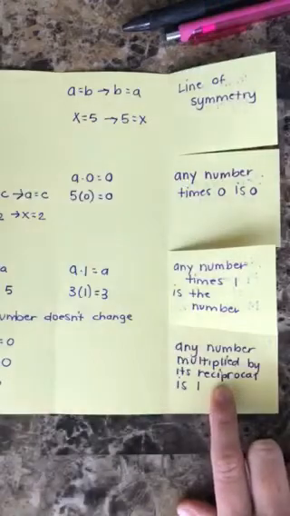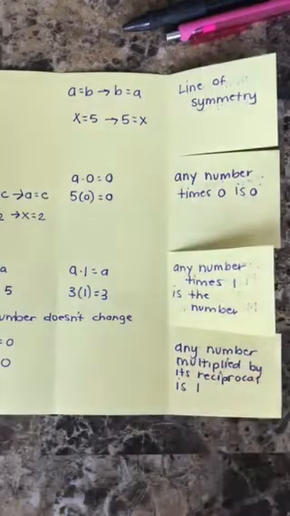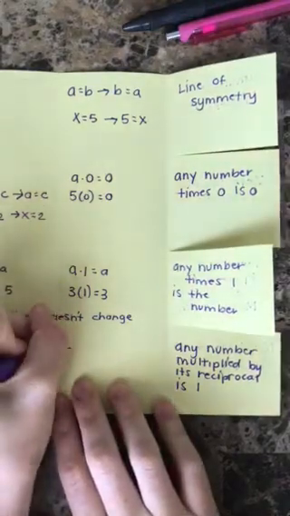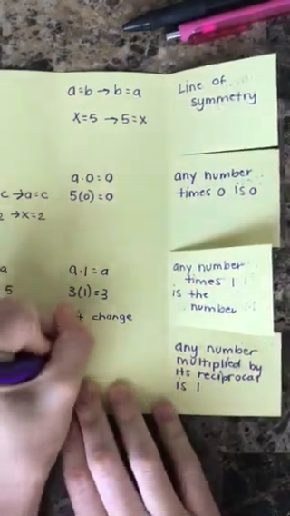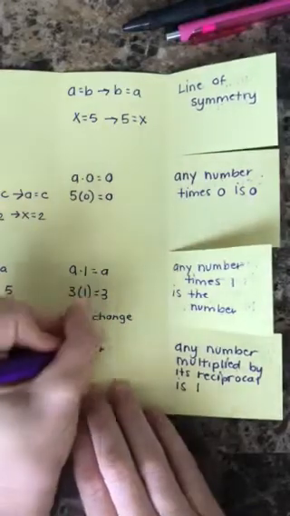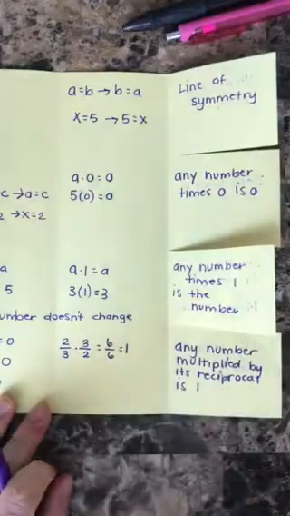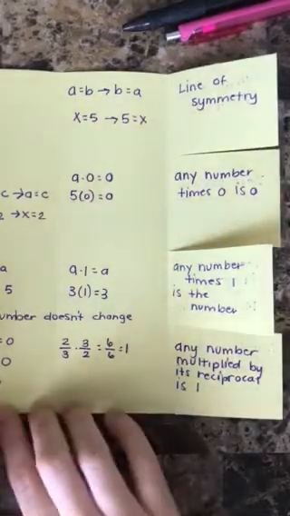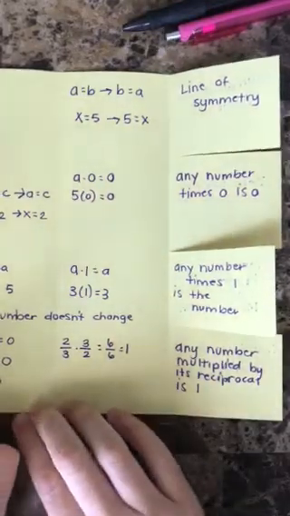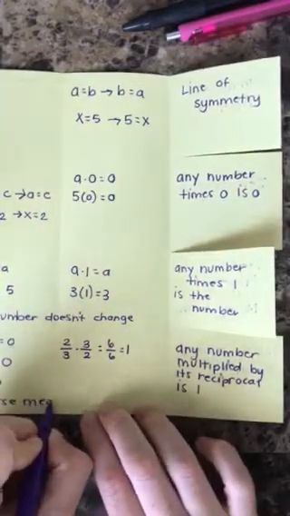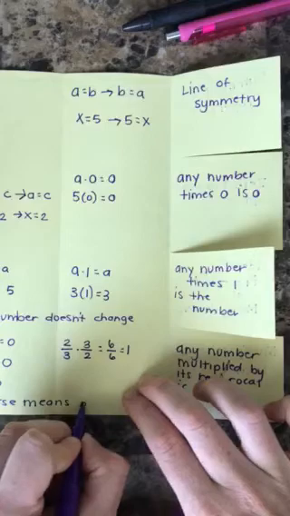Reciprocal meaning you flip it over. So like 1/3 and 3/1, or we could say 2/3 times 3/2 equals 6/6, which is 1. Okay? A little note for you down here is that inverse means the opposite.